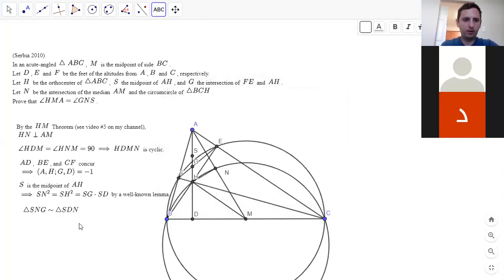And then from there we have angle GNS is angle SDN, is HDN.